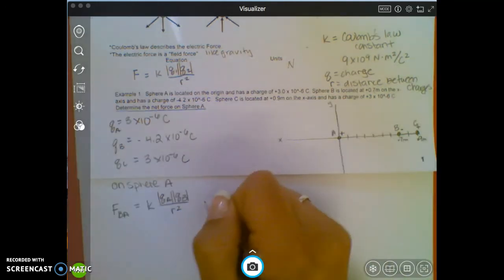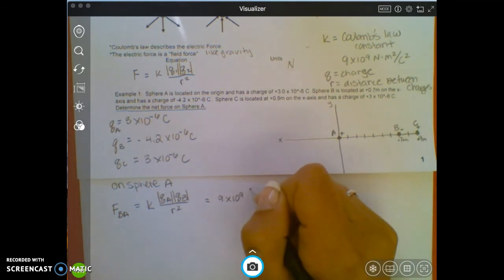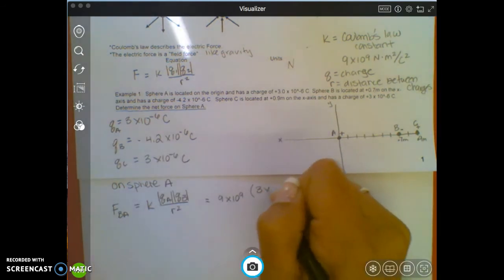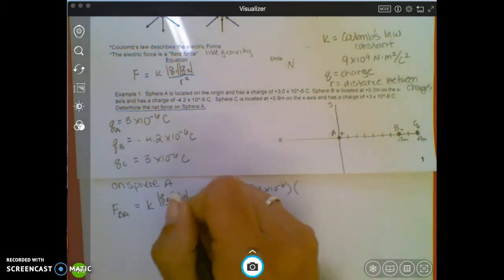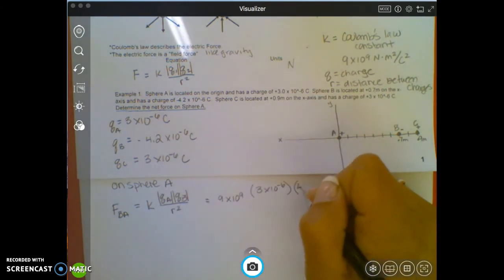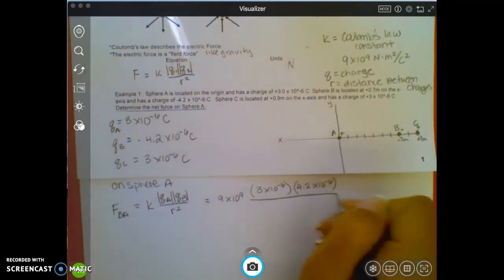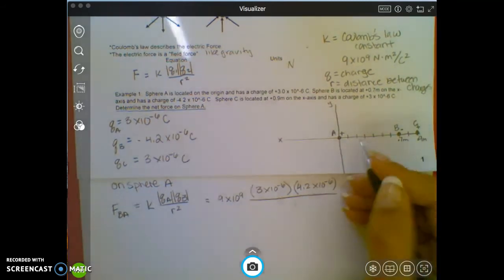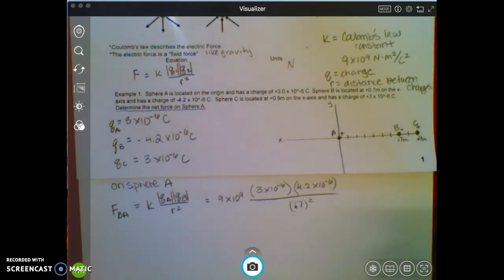When we plug in, we're going to get 9 times 10 to the ninth, Q_A, which is 3 times 10 to the negative 6. Q_B is negative 4.2, but it's absolute value, so don't plug in the negative. We'll worry about that later. Over r squared, which is the distance between A and B, so it's 0.7 squared. Don't forget to square it.